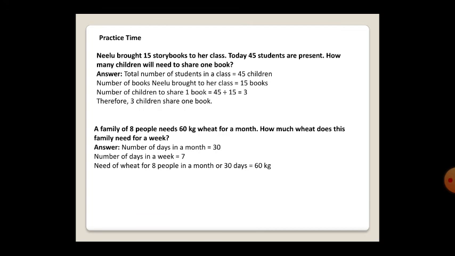The need of wheat for 8 people in 30 days is 60 kg. So you need to find the week.